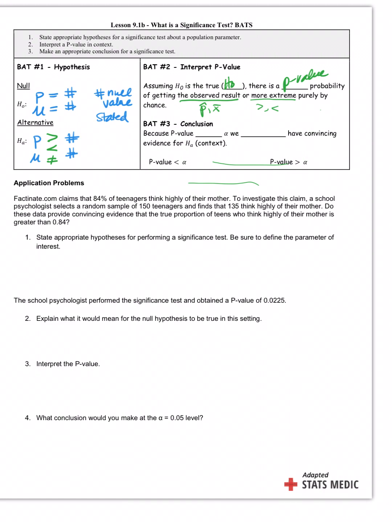And then the conclusion. We just did this. Because the p-value is less than alpha, alpha's that 5% thing. If it's less than, we have convincing evidence.